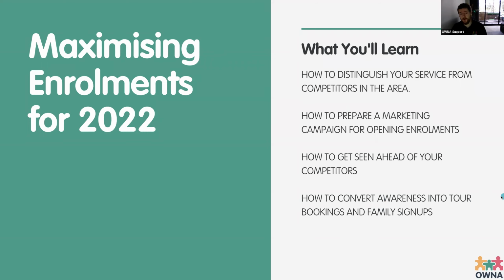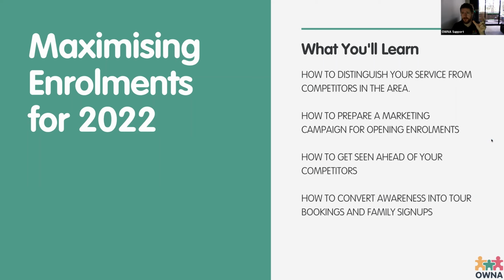So as I mentioned before, I'm Jack, I work at OWNA. What you'll learn today is, first of all, how to distinguish your services from competitors in the area, which is obviously a big thing if you live in a heavily populated area. We're going to look at how to prepare a marketing campaign for opening enrolments.